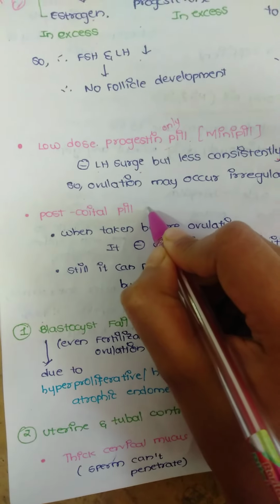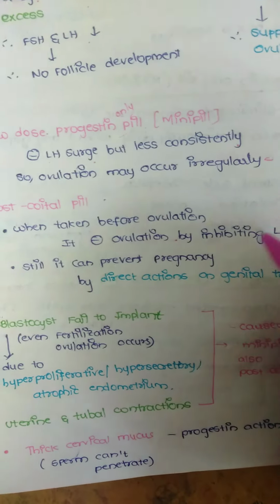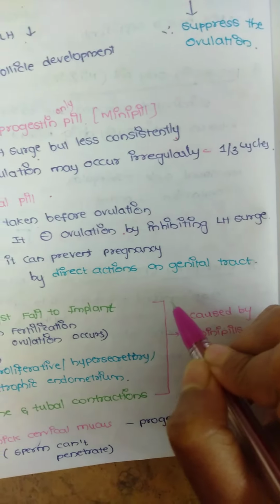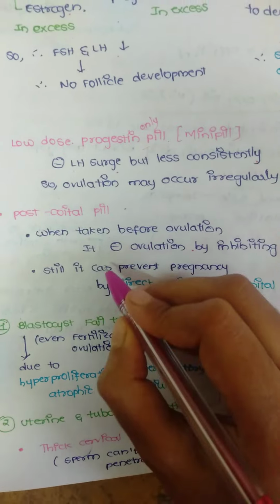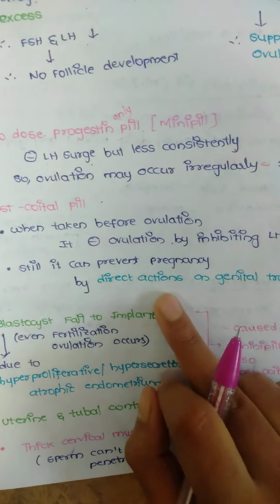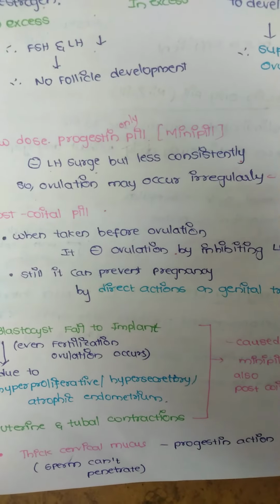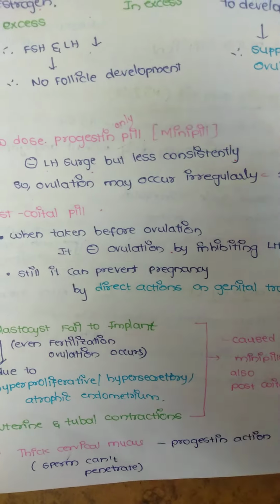With the postcoital pill, when taken before ovulation, it inhibits ovulation by inhibiting the LH surge. But if we take it after ovulation, it can still prevent pregnancy by direct actions on the genital tract, like interfering with cervical mucus and implantation.